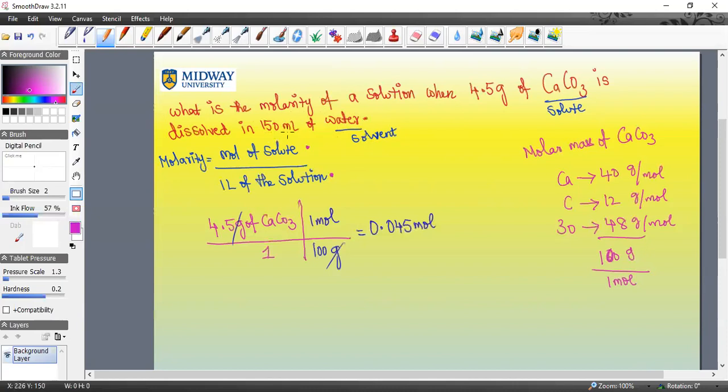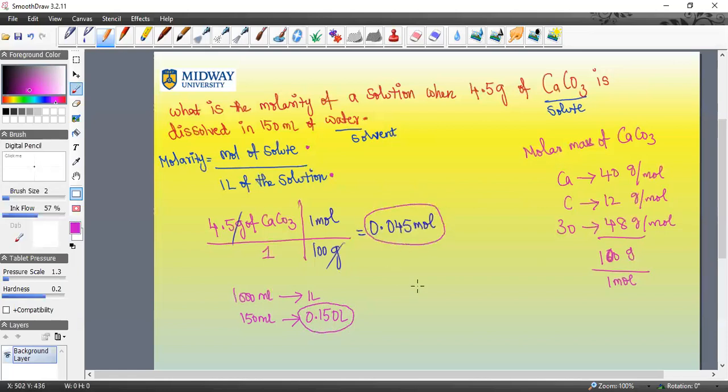But unfortunately, this is in milliliters. 1,000 milliliters is a liter. So 150 milliliters would be 150 divided by 1,000, which is 0.150 liters. So now we know the bottom information and the top information.